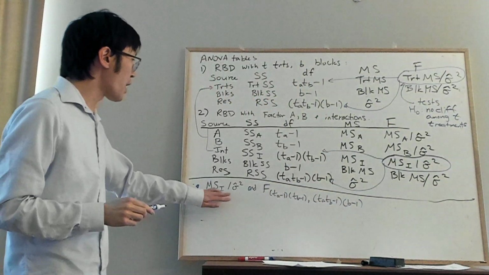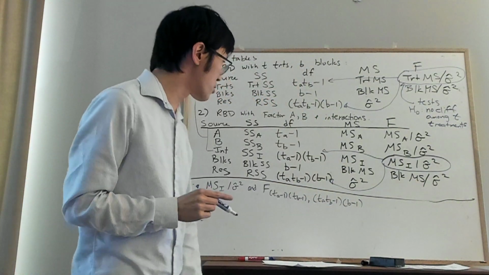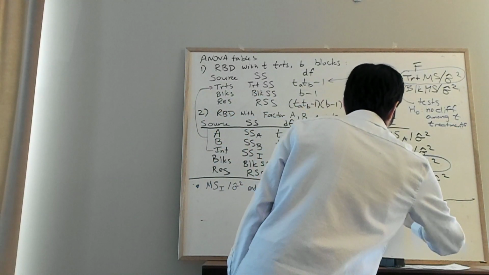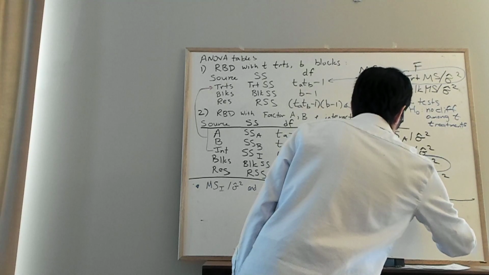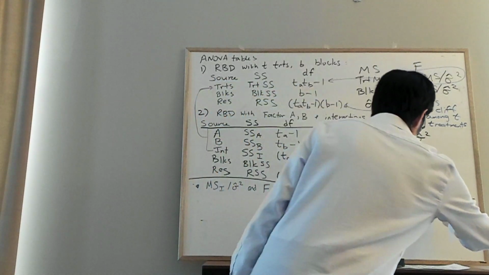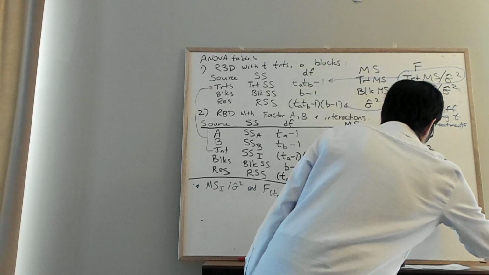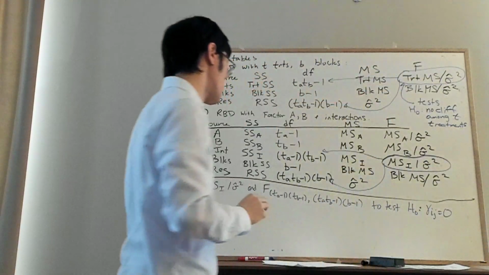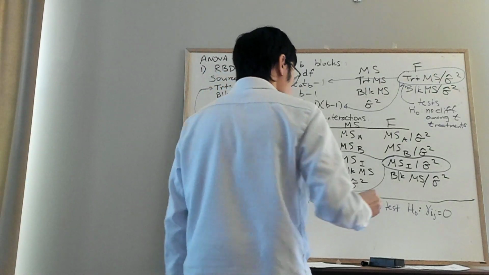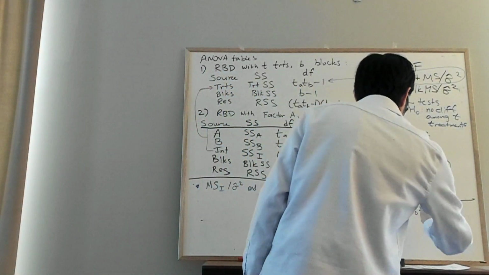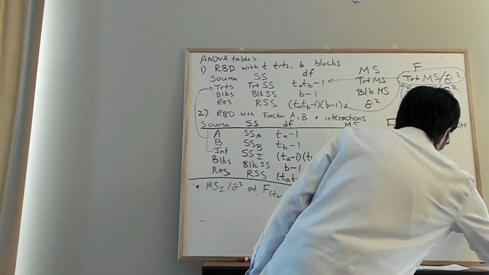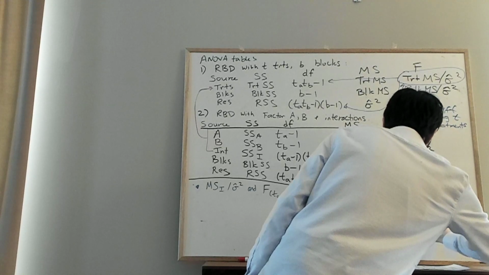We use that F statistic and this F distribution to test the null hypothesis, which is that there's no significant interaction. We can write it in terms of parameters: the null hypothesis is that all the gammas are 0. That's the formal hypothesis being tested, for all i and j. That's the hypothesis of no interaction.